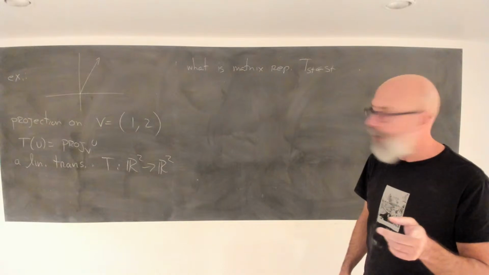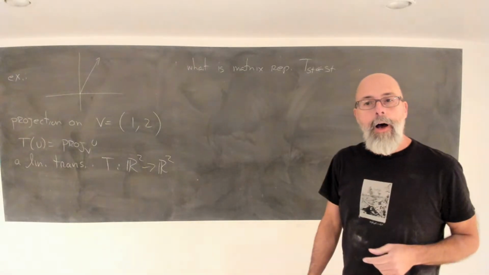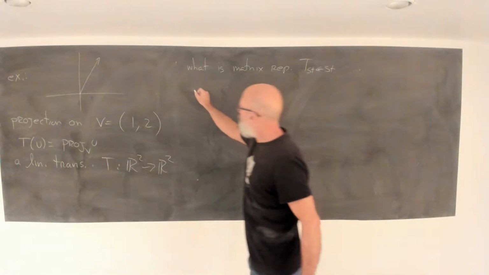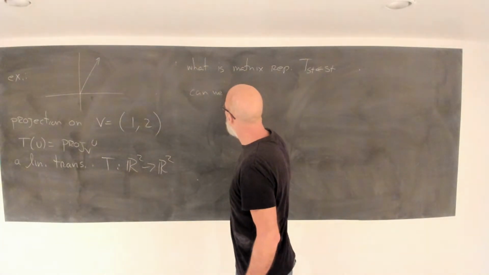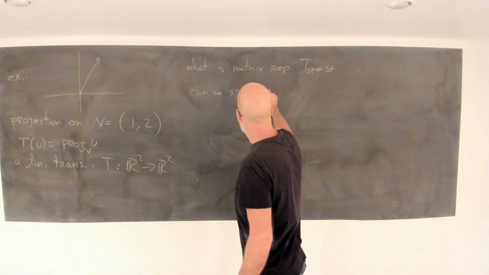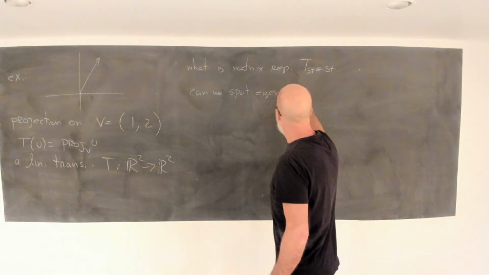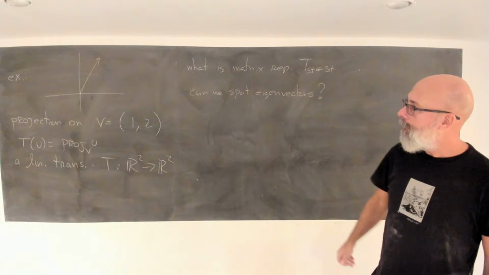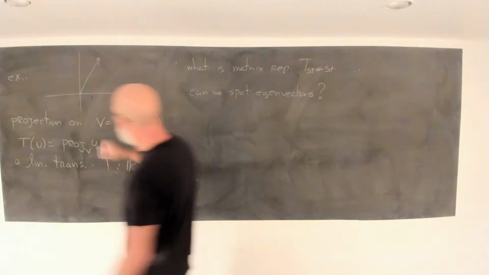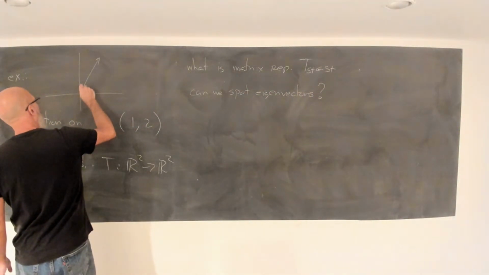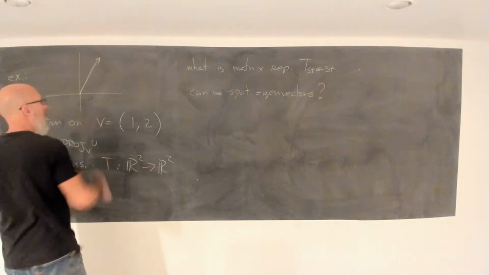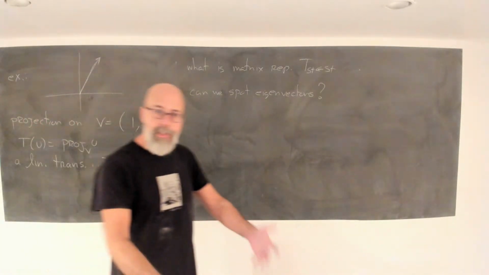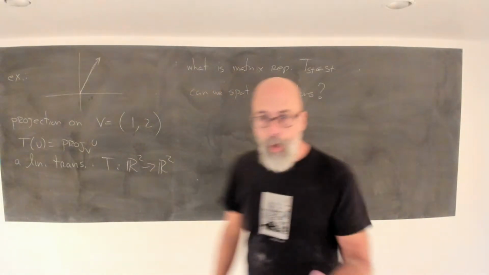Can we spot eigenvectors? Well, if you take the vector 1, 2 and you project it onto itself, what do you get?